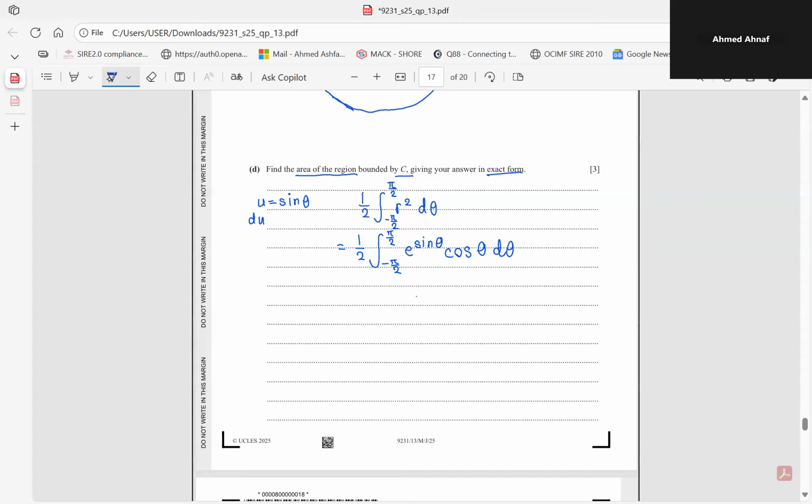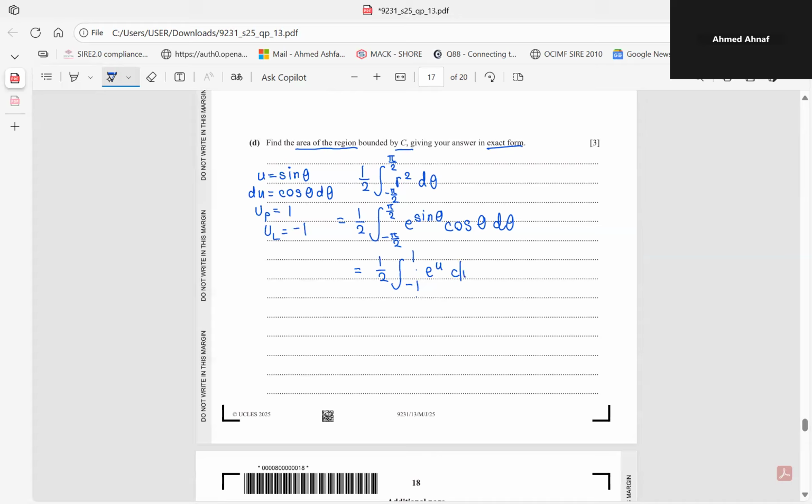Our upper limit would be sin π/2, which is 1. And the lower limit would be sin negative π/2, which is minus 1. So this is half the integral from minus 1 to 1 of e to the power of u du.